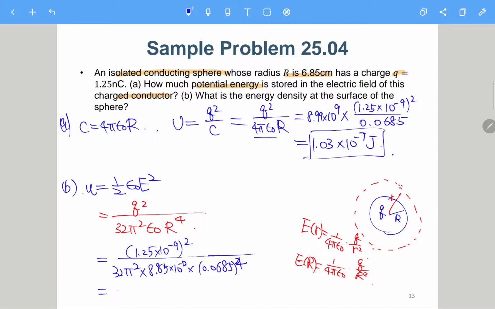So it turns out to be 25.4 times 10 to minus 6 joule per meter cube. Or you can write it as 25.4 microjoule per meter cube.